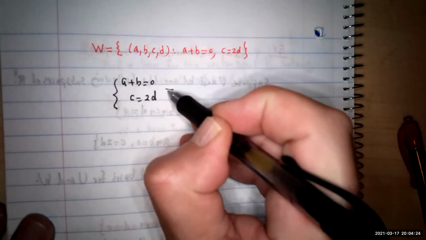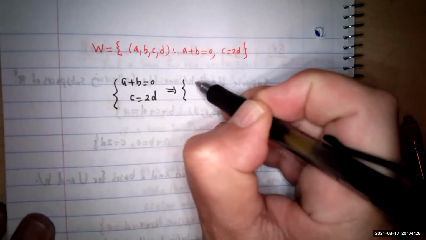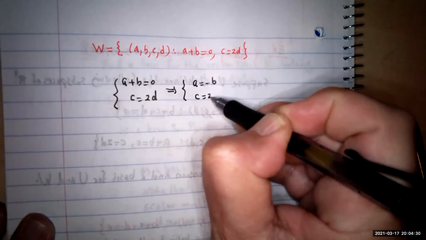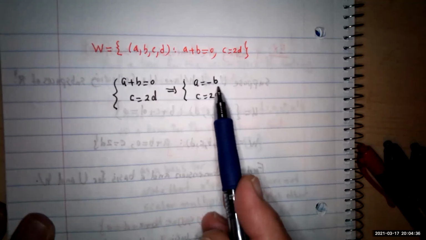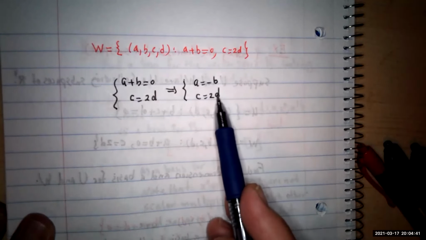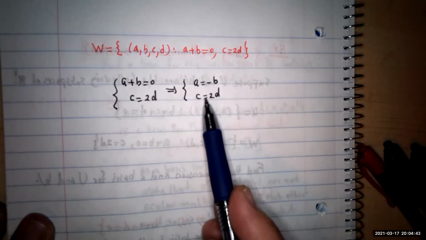You have two equations, so you have to pick 2 of these to be free. If you like, write the first one as A equal to negative B, and C equal to negative 2D. That's a choice. If you pick something for B, you'll be able to find A. And if you pick something for D, you'll be able to find C.